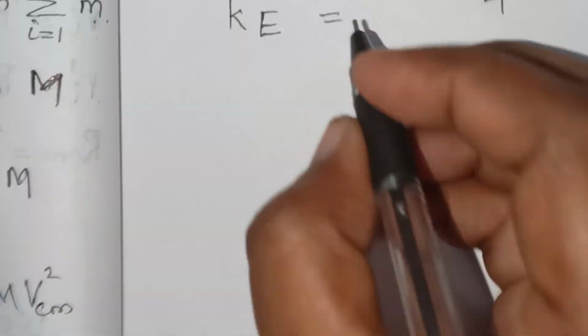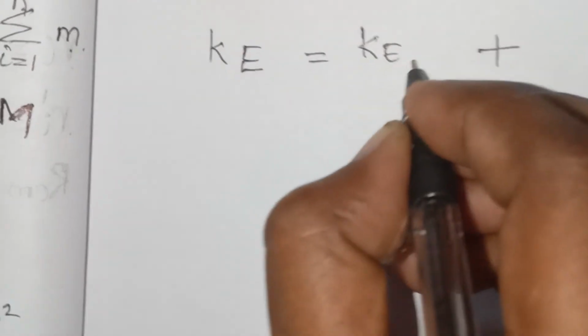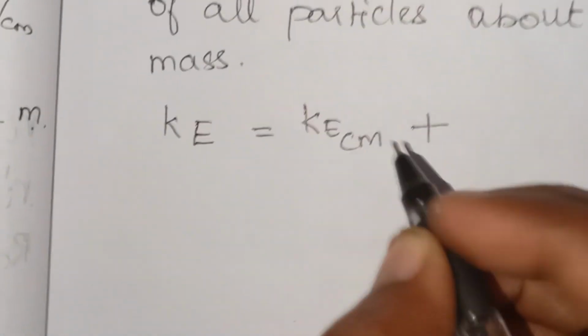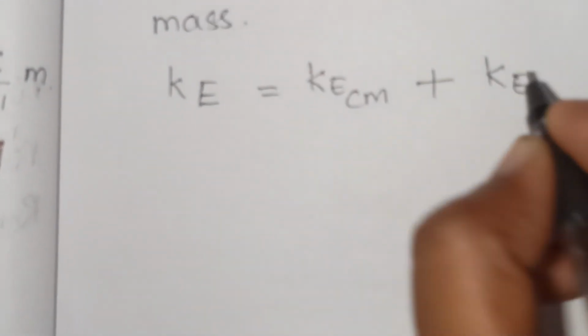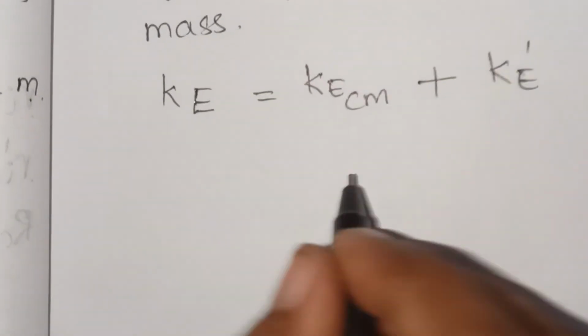So what are we saying? What does the kinetic energy of the whole system depend on? It has two terms: the kinetic energy of the center of mass and the kinetic energy of all the particles which contain mass. Finally, what can we say?